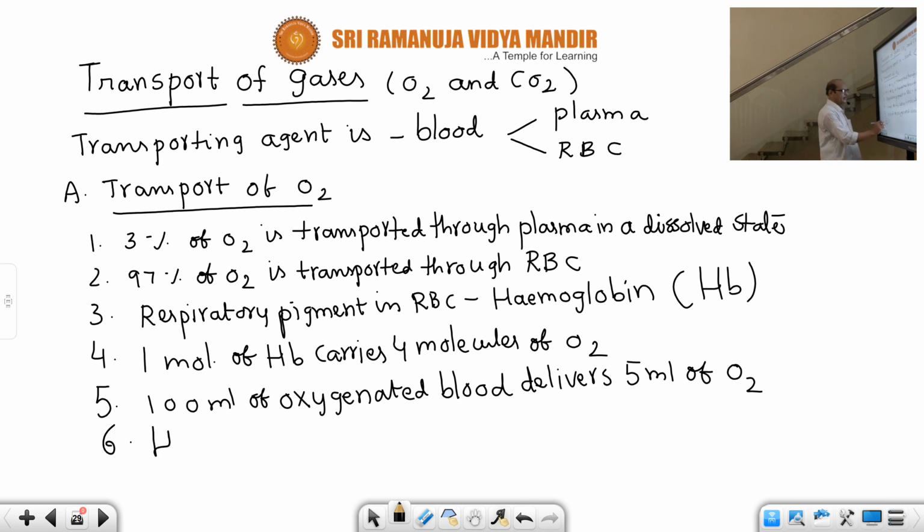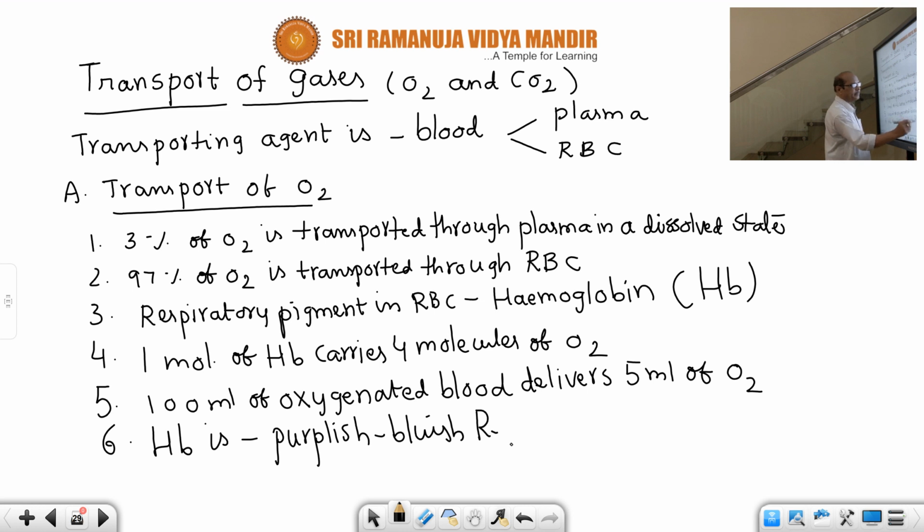Hemoglobin is purplish, bluish, red in color without joining with oxygen. After combining with oxygen, after binding with oxygen, it is changed into bright red color. So bright red color is due to the binding of O2 with hemoglobin.